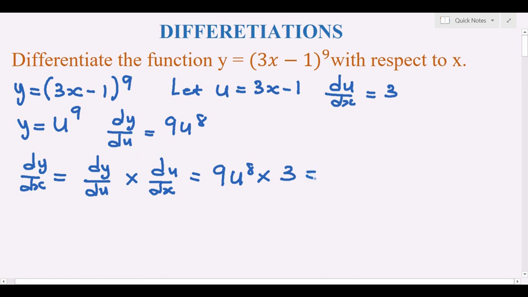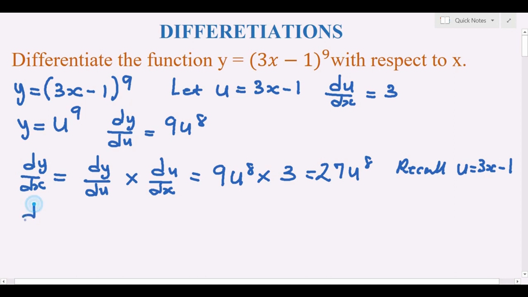So this will give us 27u raised to the power 8. Recall that our u is equal to 3x minus 1.